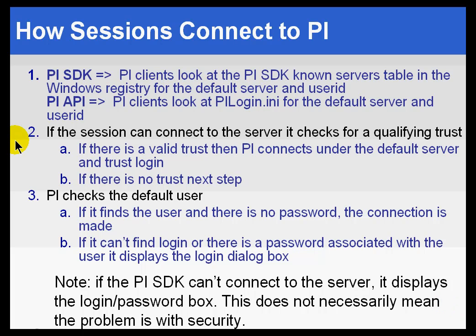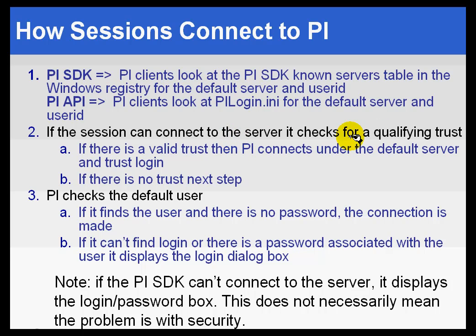Now moving on further, again, pretending that we're the connecting client, let's take a look at what that client will do. First of all, if and only if that client can connect to the server, because obviously if we can't connect to the server using TCP/IP, then we don't attempt to connect at all. I mean, we can't go any further at that point.